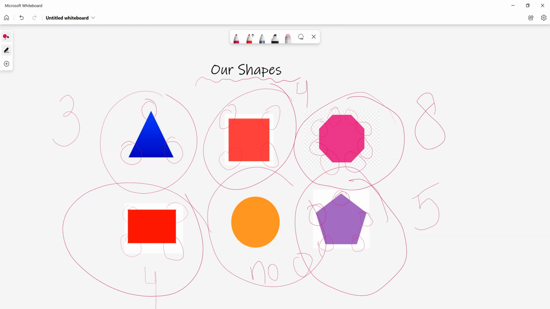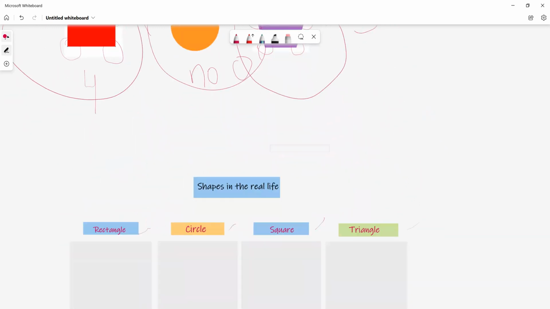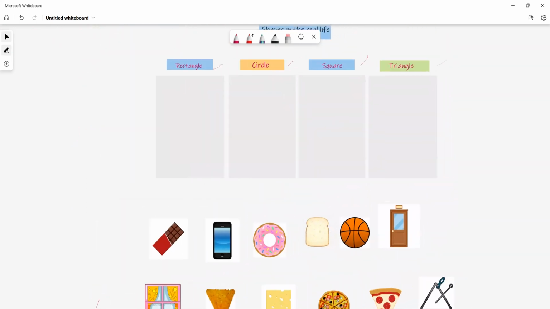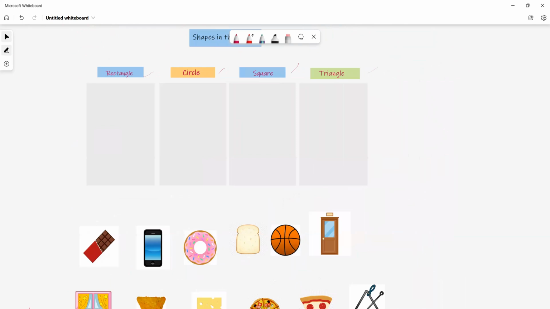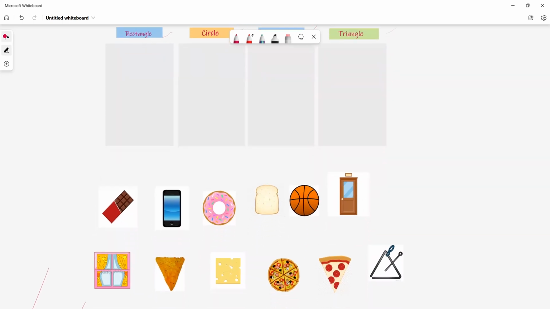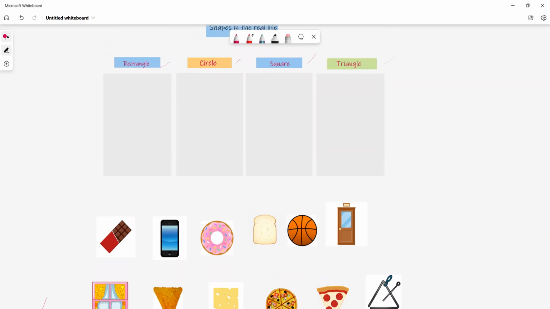Okay, now that we reviewed our shapes and their sides, let's move on to our first activity. Right here, we're going to categorize different objects around us by shape: rectangle, square, circle, and triangle.